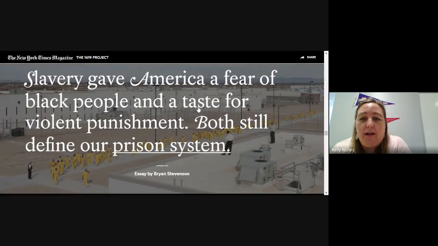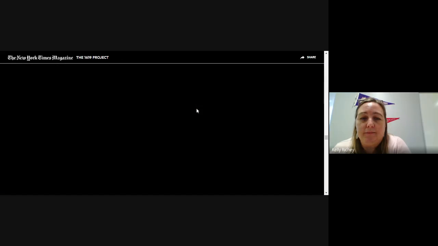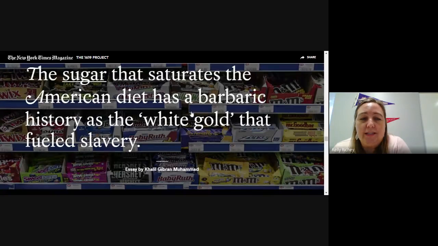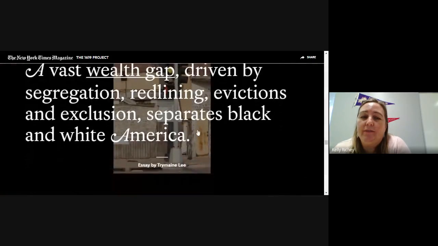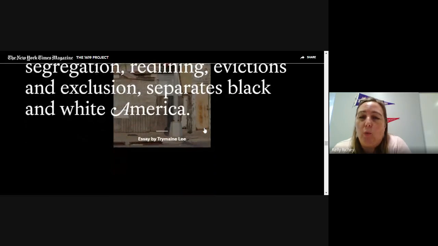Slavery gave America a fear of Black people and a taste for violent punishment. Both still define our prison system. The sugar that saturates the American diet has a barbaric history as the white gold that fueled slavery. A vast wealth gap driven by segregation, redlining, evictions, and exclusion separates Black and white America.